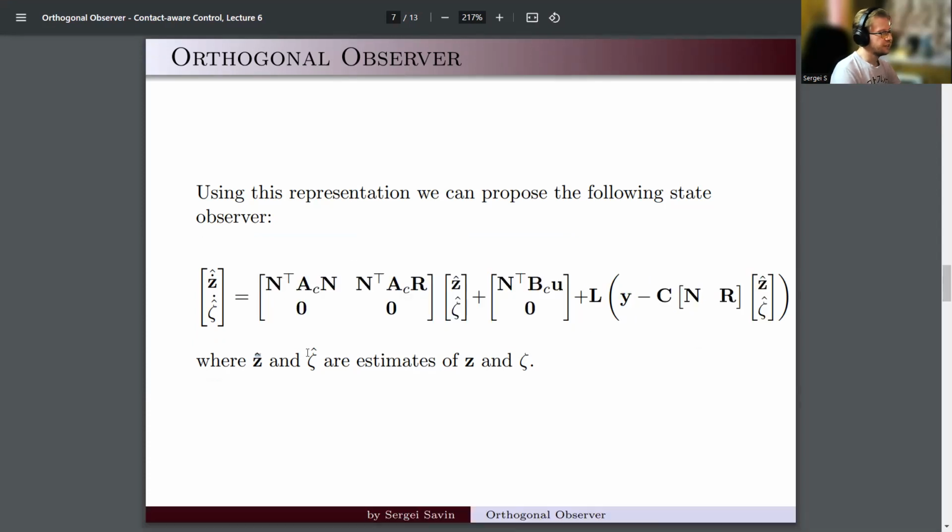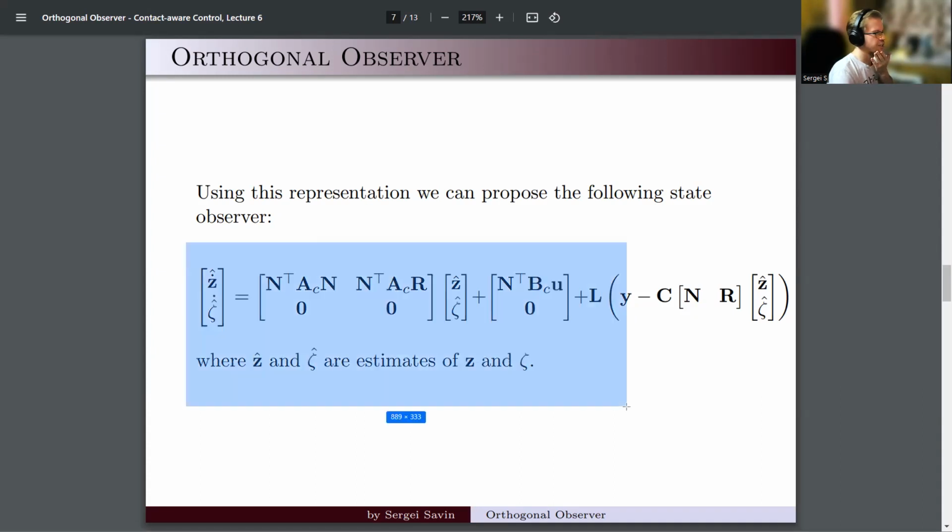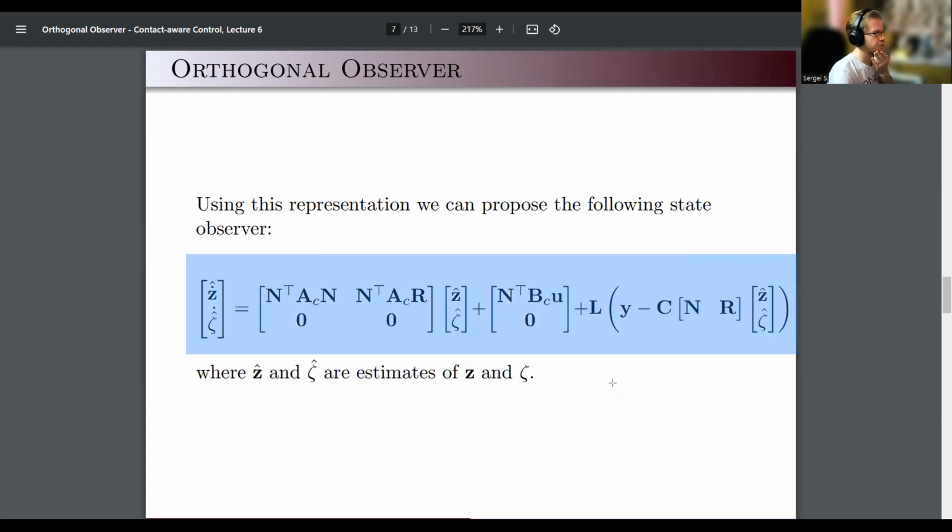So z hat and zeta hat are estimates of z and zeta. Okay, so this is the observer. Now let me point out, just in case it was a while since you saw it last time, a few obvious things. First of all, this is already the recipe of how to do it, right?